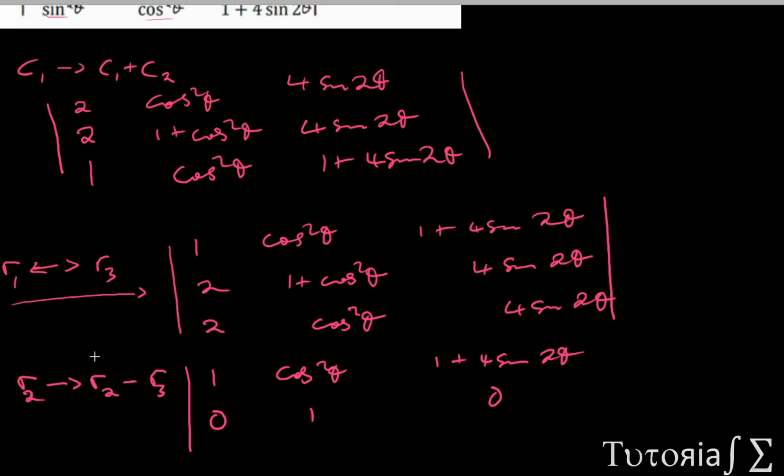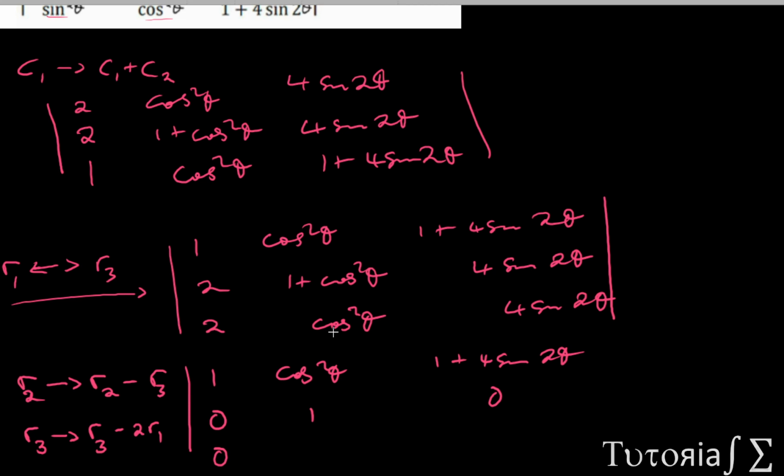Okay. Then we can also apply the row operation: row 3 changes to row 3 minus 2 row 1. Remember all those theorems that we learned: we cannot use row 2 in row 3 because we are transforming row 2. Now this times row 1, which is 2, gives us 0.